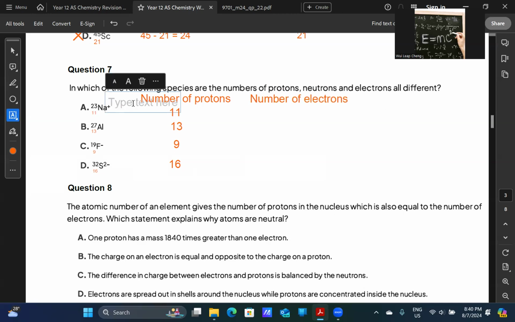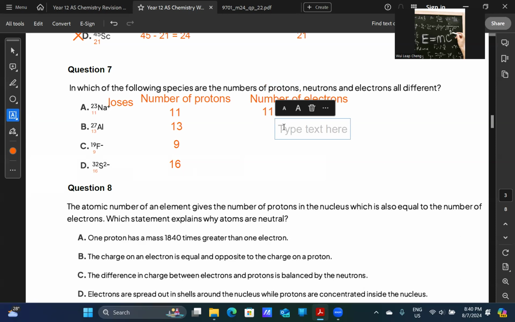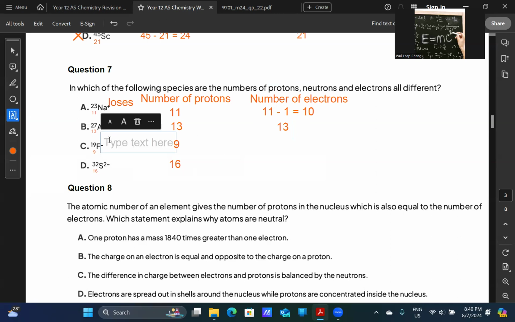When you see the positive sign, loses 1. So 11 minus 1, you get 10. No charge, same as number of proton. When you see the charge is negative, indicates gain 1.